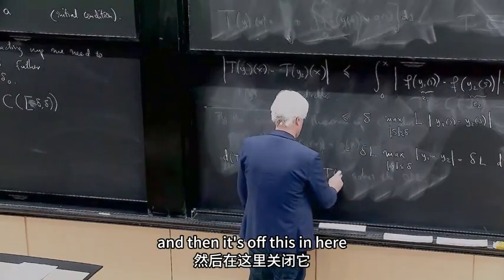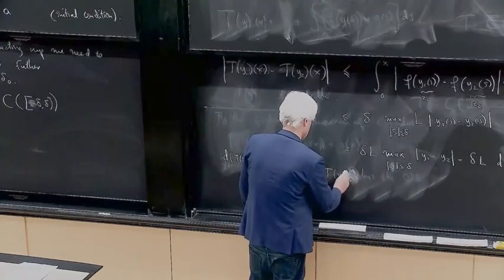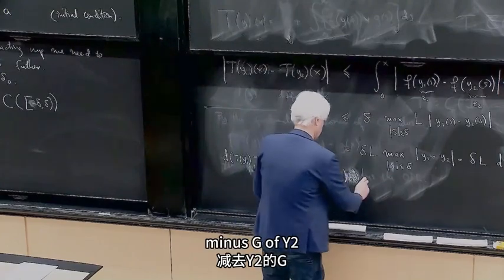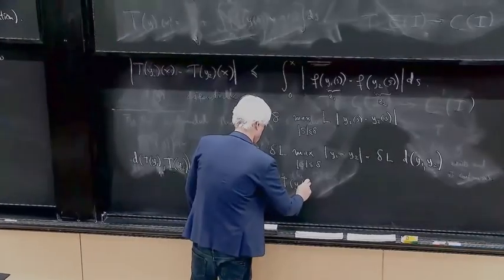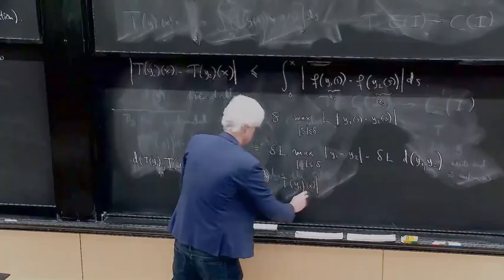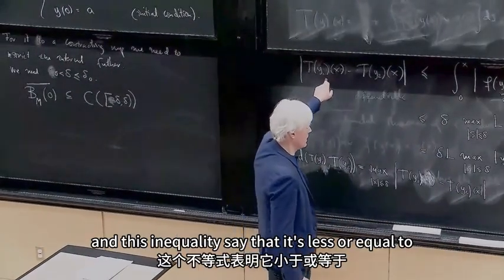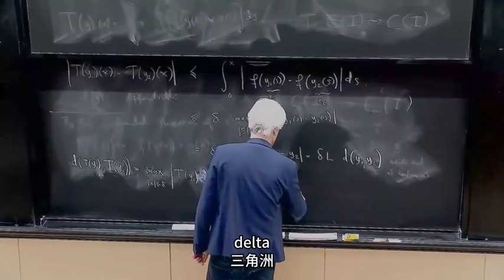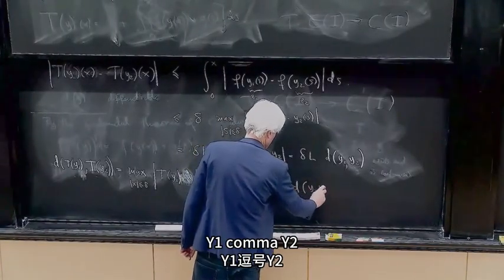And then it's of this thing here, t of y1 in x minus t of y2 in x. Right, so we have that this and this inequality say that it's less or equal to delta L d(y1, y2).